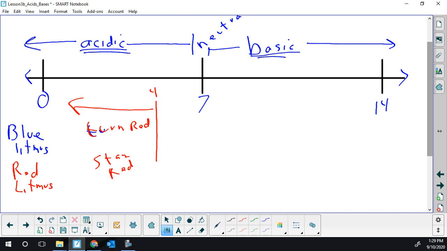With the basic solutions, it's around 8. They'll change or stay the same. Blue litmus, okay, bases, you're remembering blue. So blue litmus is going to stay blue. Red litmus will turn blue.